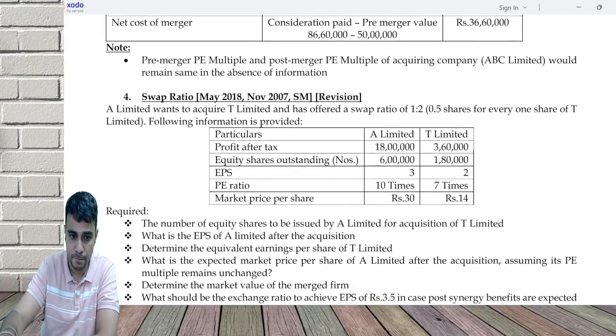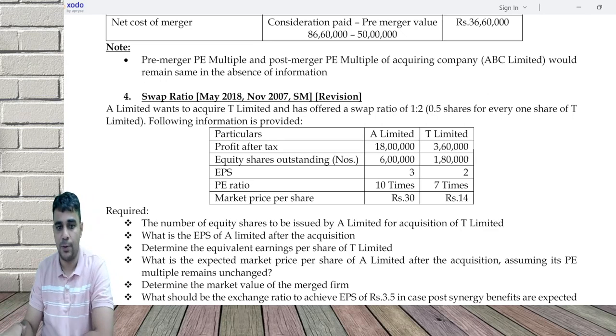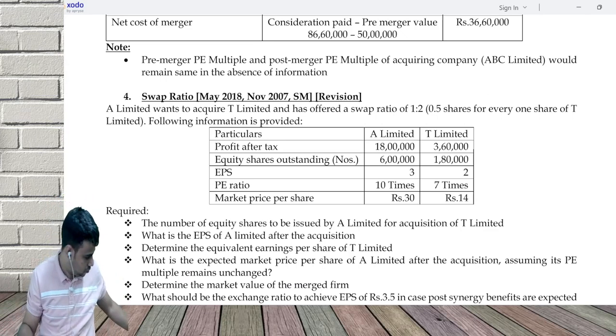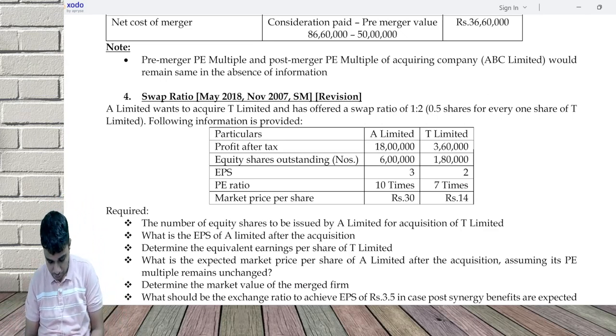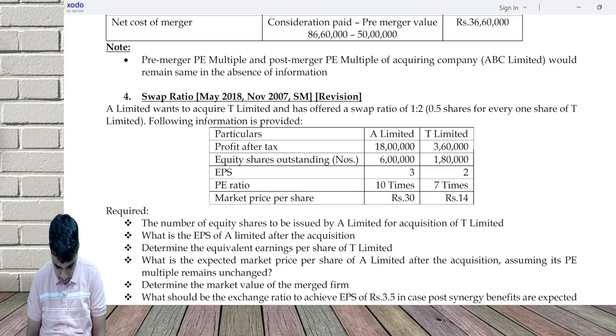Question 4. Page 513, question 4. Go through question 4.